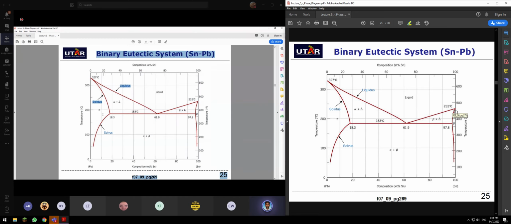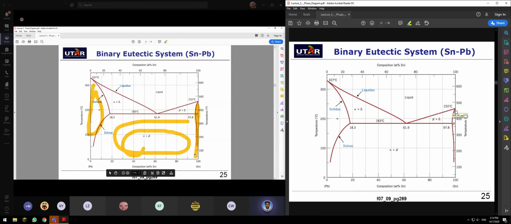So this line is solid, this is also solid, this is also solid. Here a liquid that is rich with lead, here a liquid which is rich with tin.